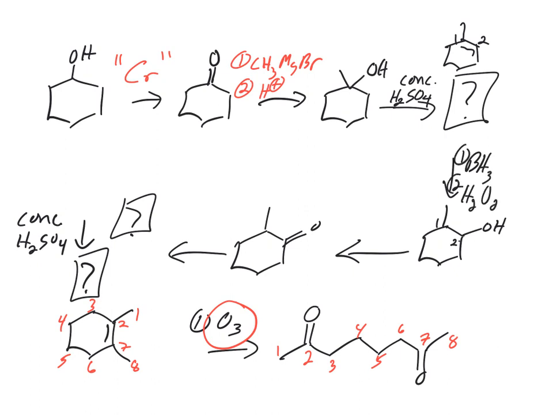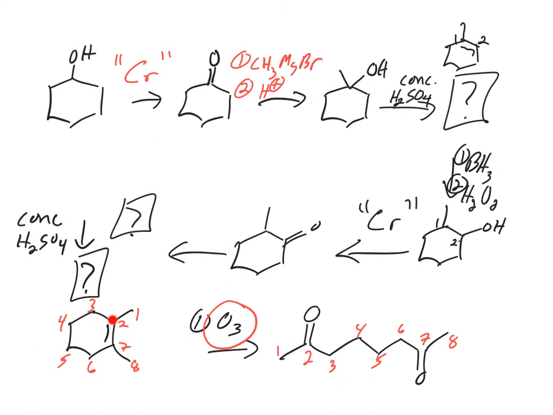Yay. The anti-Markovnikov way to add alcohols to the less substituted carbon. So now we put the oxygen on 2, right? We see if we've moved this around. And now we turn it back into a ketone. So what are we going to do again? Chromium. That oxidizes it.